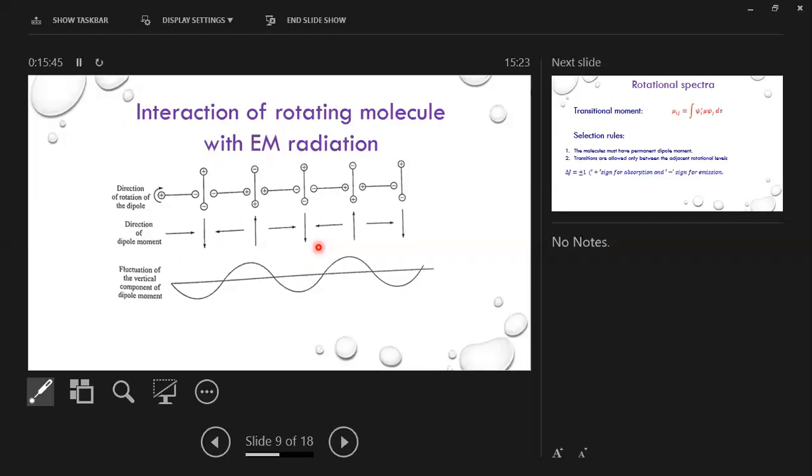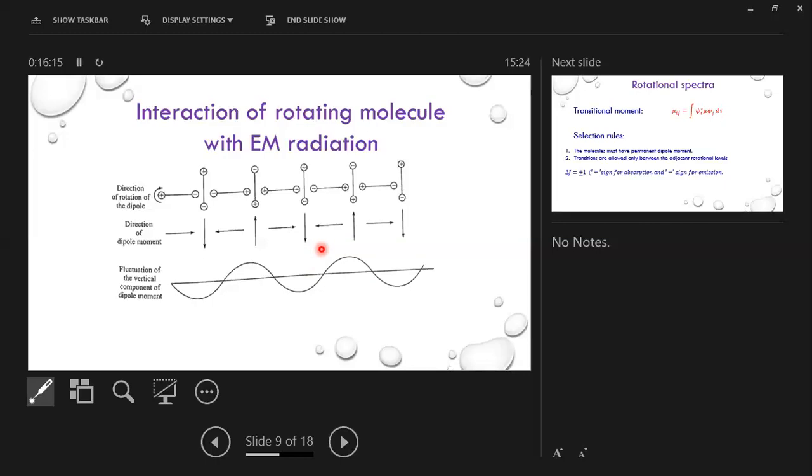But if the molecule possesses some dipole moment, the interaction will occur. This is the most important issue in observing rotational spectra, because if the molecule does not have any permanent dipole moment, it will not interact with the electromagnetic radiation during rotation, and will not exhibit any rotational spectra.